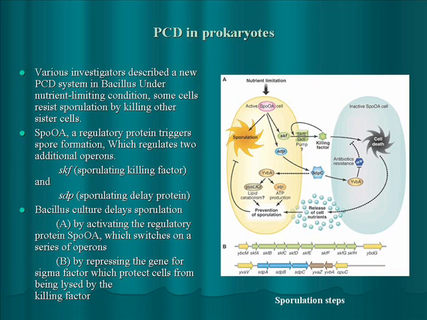This operon also acts antagonistically through its products SKFE and SKFF, which confer resistance to killing factor by forming an export pump that pumps the killing factor out of the cells.